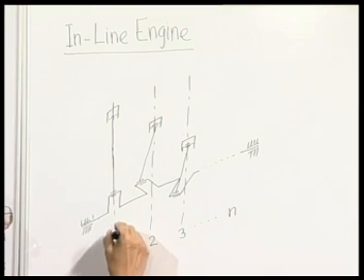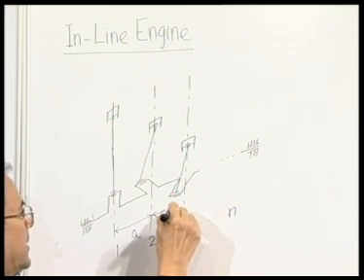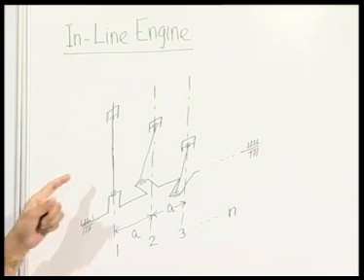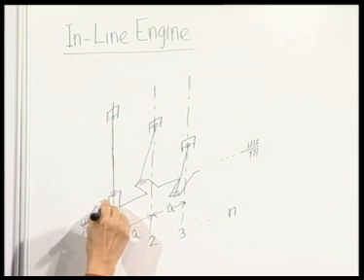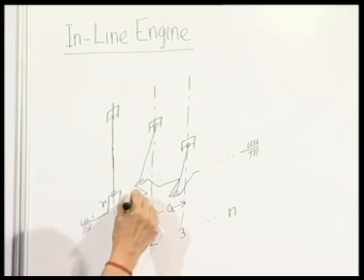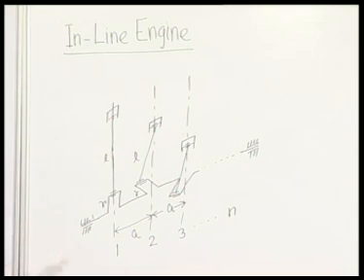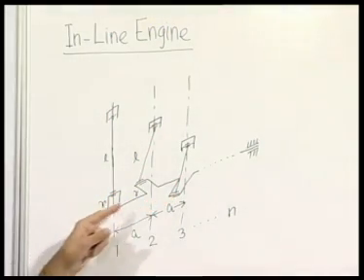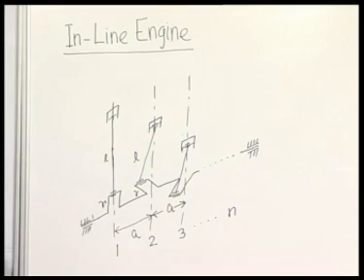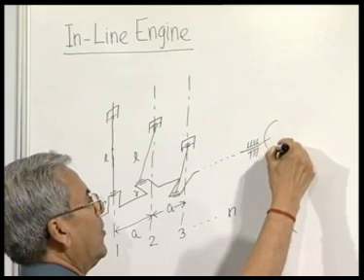Next, the gap between each is something fixed, say A, it is uniform, and as already mentioned, each of these units is also identical in its dimensions and masses. Say let the crank radius for each be R, and connecting rod length be L. Then all these cylinders are driving their individual cranks, and all these cranks are actually driving a common crankshaft, which is actually driving the load, whatever it may be.